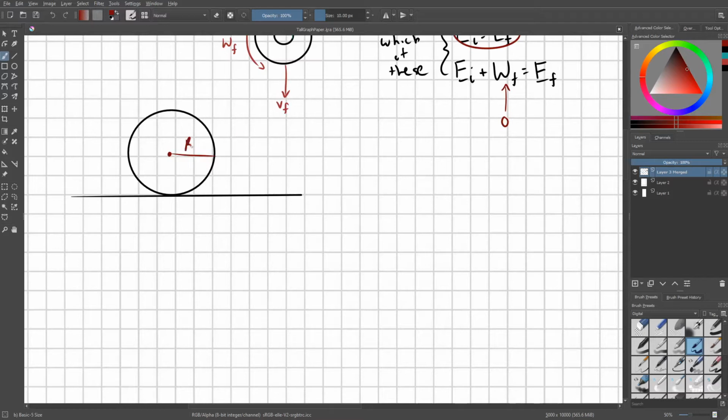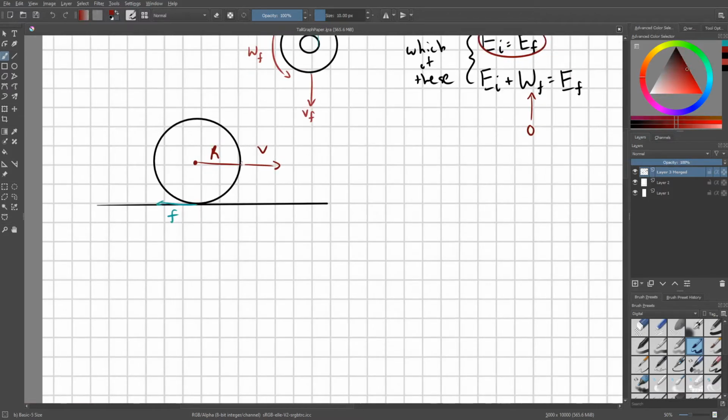This disc has some radius r, some velocity v, and we know that at the base of it we have some frictional force F, which is what causes it to rotate with some speed, omega. So we know that the condition for something rolling without slipping is v equals omega times r.